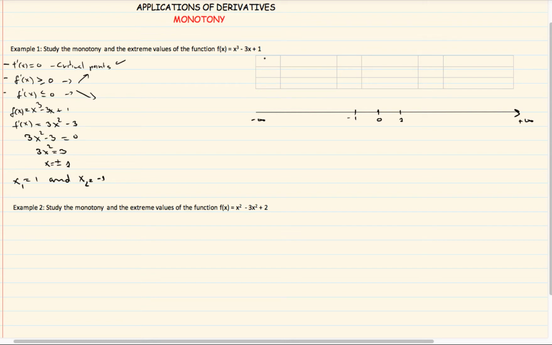In this column we have the values of x, in this row the intervals of x, and here the row to be filled with the values of the derivative of this function, and then this one is the row that's going to tell us whether the function is increasing or decreasing.